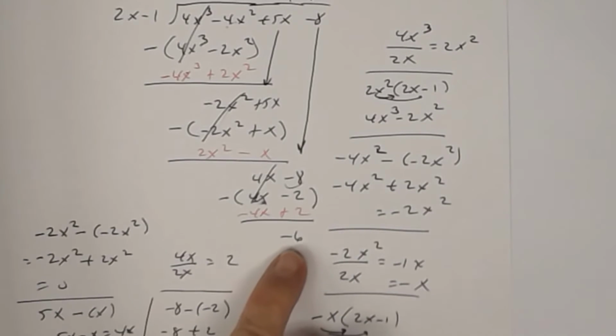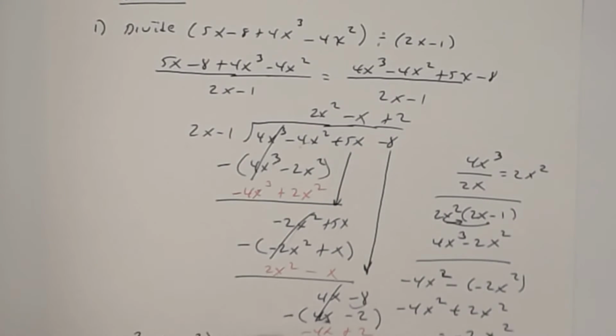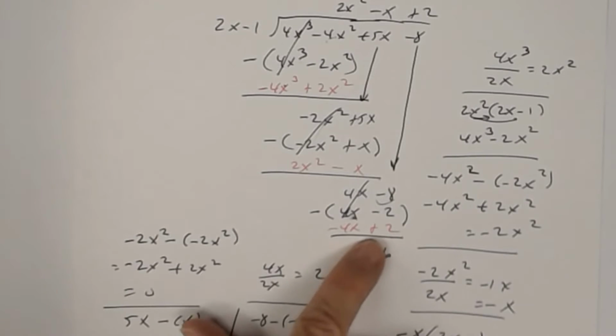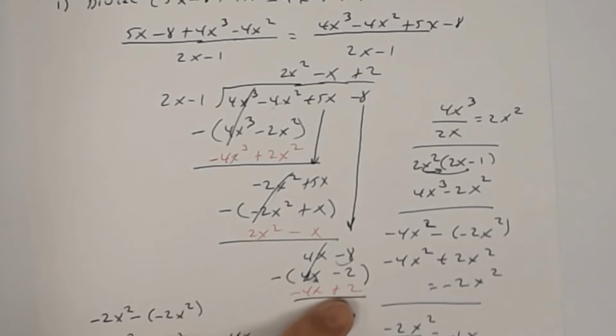So notice the degree here is 0, and the degree here is 1, right? X to the first, 1. So whenever the degree here is less than the degree of your divisor, you're done. You're done. So that's your remainder.